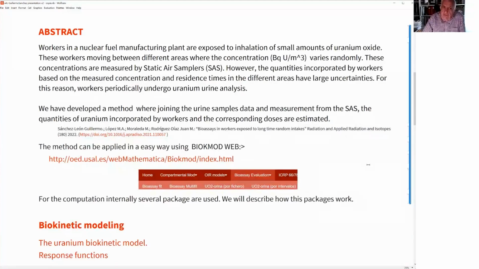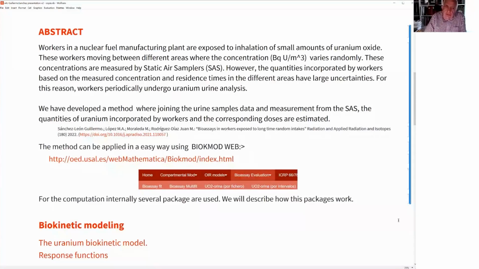We have developed a method where, by joining the urine sample data and the measurements from the SAS, the quantity of uranium incorporated by workers and the corresponding doses are estimated. We have a paper where the method is described in detail.